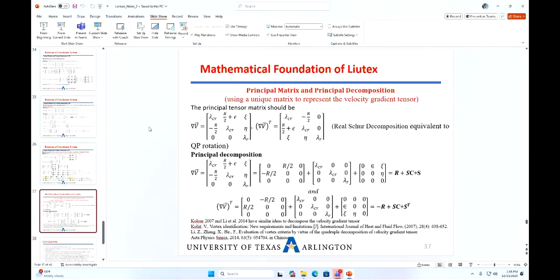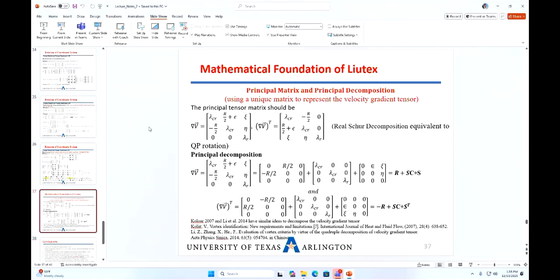Okay. So if this is capital, this is the gradient of v, the gradient of velocity. Well, this is capital, transpose. Then we do this decomposition into 3 parts. This is rotation, this is stretching, this is shear.